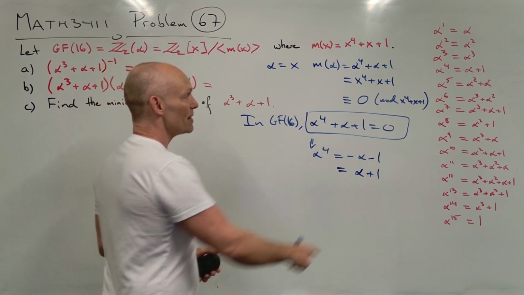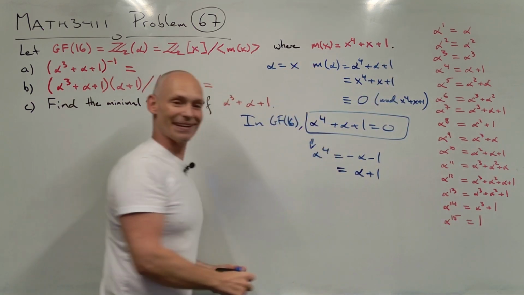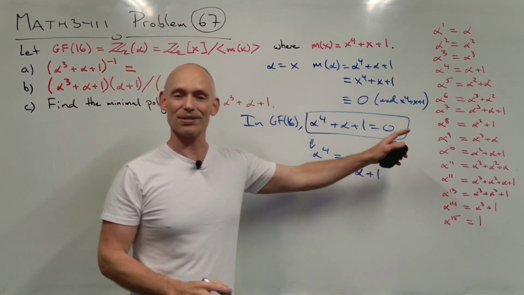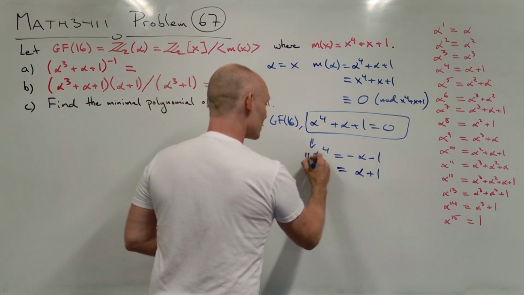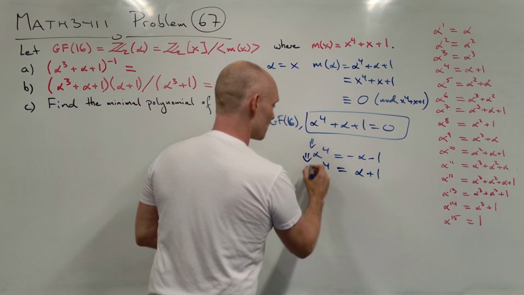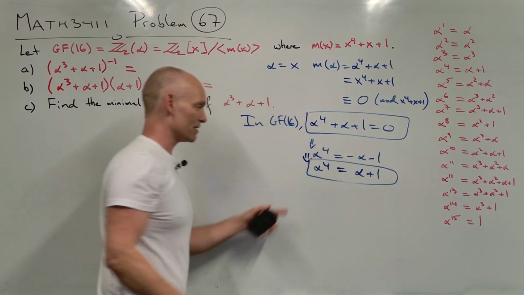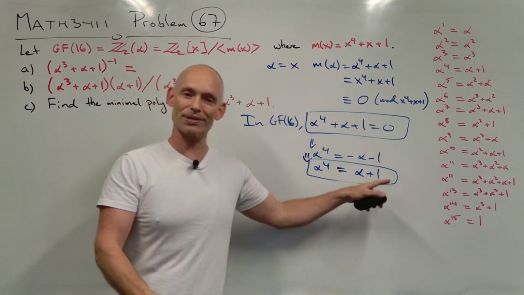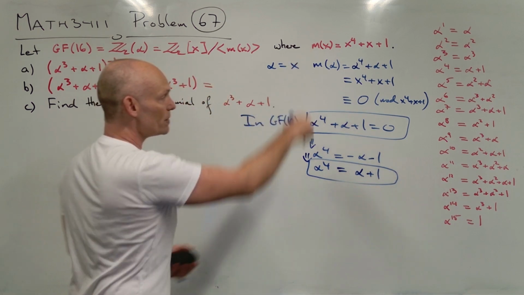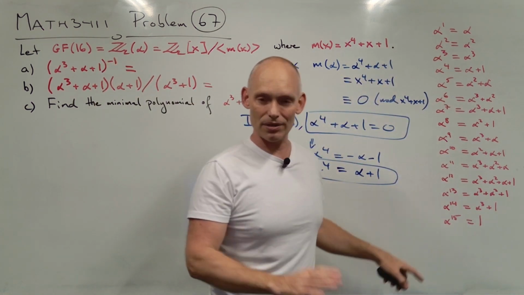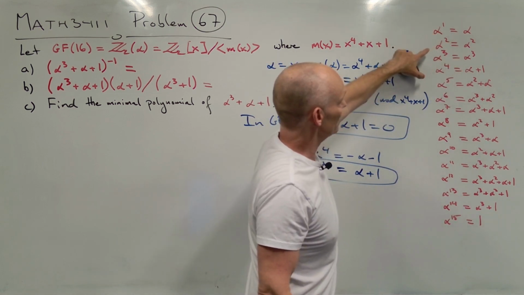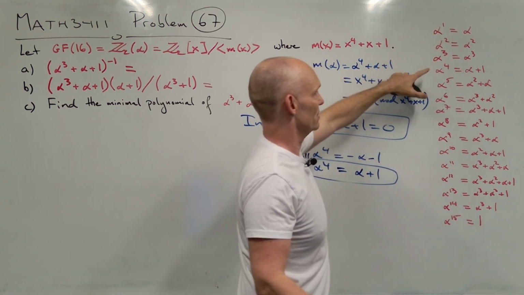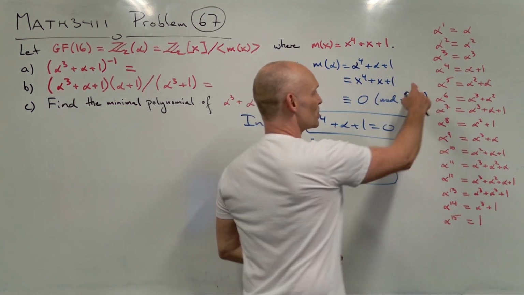Well, have a look. And I've actually drawn up the times table there, so to speak. I'll talk about that just in a second. But this here is how I got the times table. So I found out that alpha to the power of 4 is equal to alpha plus 1. So when I was writing up this table here, and again I'll say what that table is, I said alpha to the power of 1 is alpha, alpha to the power of 2 is just alpha squared, alpha cubed is alpha cubed.